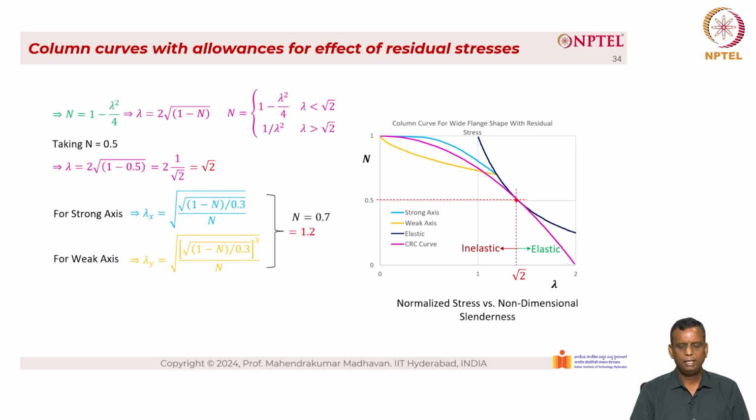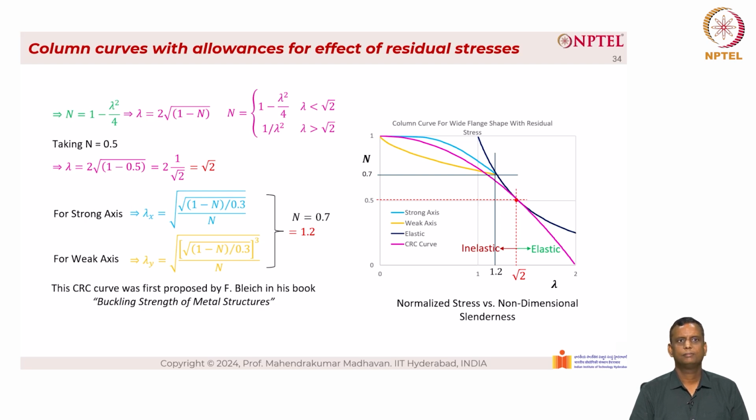So for n equal to 0.7, we have this cutoff point as 1.2, which indicates that to the right of 1.2 is elastic and to the left of 1.2 is inelastic when we consider the residual stress as 30% of the yield stress. So this CRC curve was first proposed by F. Blake in his book Buckling Strength of Metal Structures.